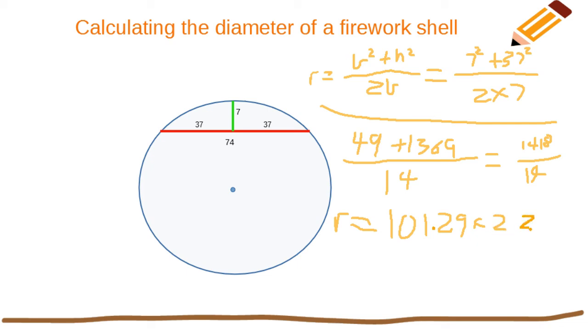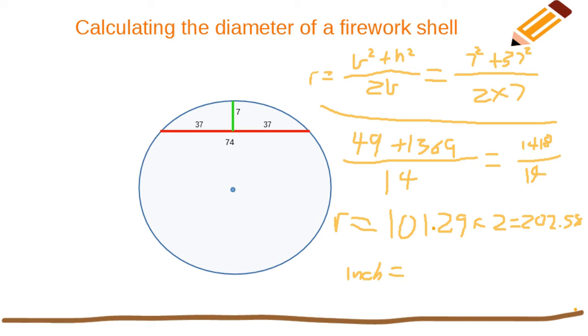So diameter is always radius times 2, and that will equal 202.58. Now this is 202.58 millimeters.